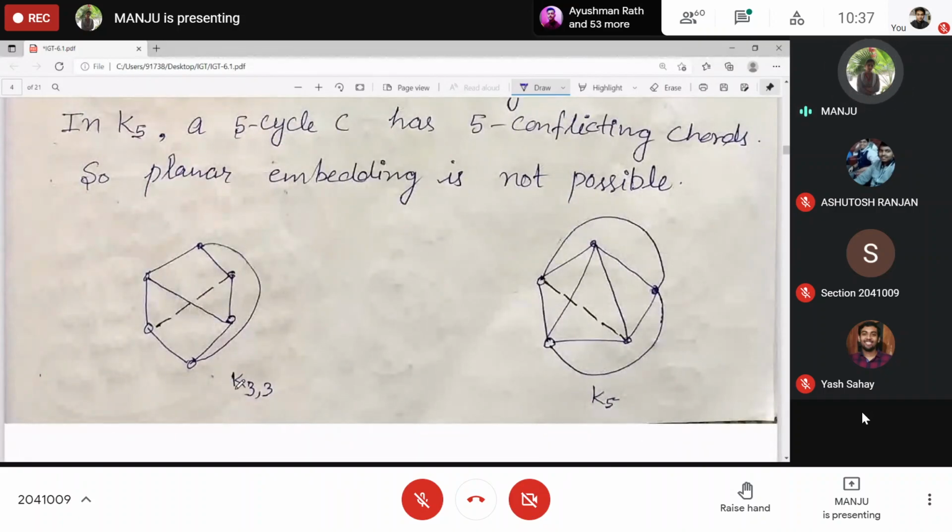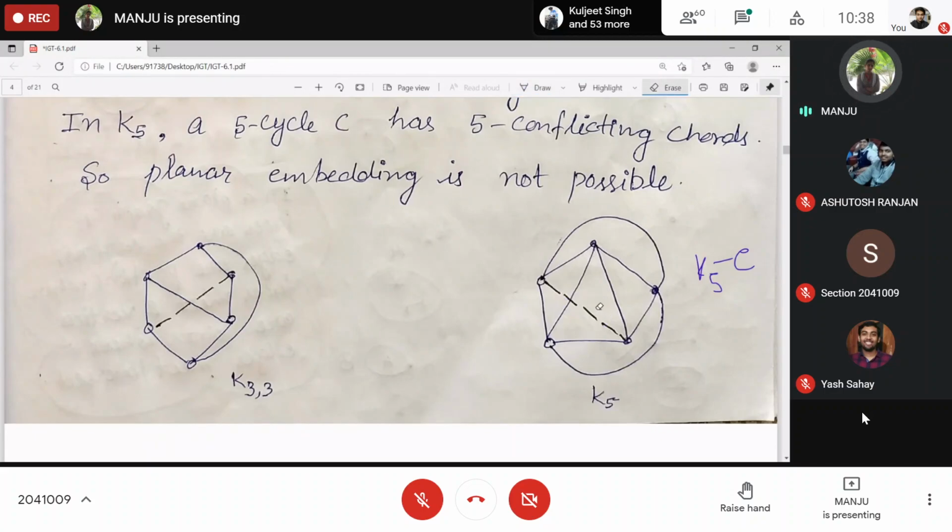For example, in case of K33, I have already shown that if you try to draw inside, it crosses this one, or if you try to draw outside, it crosses this one. So in all the possible ways, there is some edge which crosses other edges, right? In a similar way, here K5 minus an edge is your planar graph, but this edge creates some problem, right?